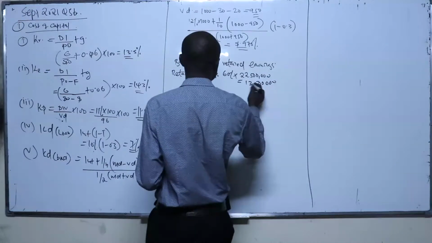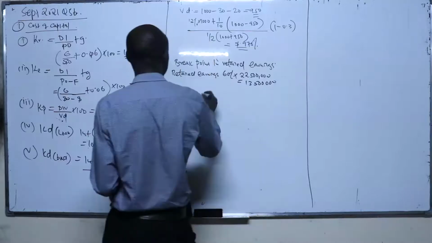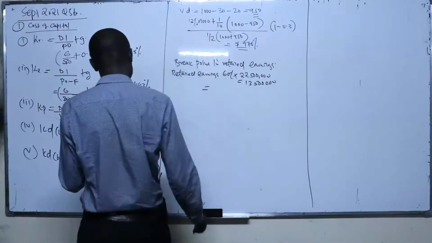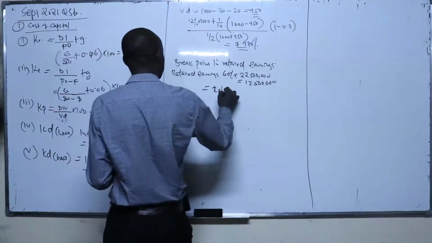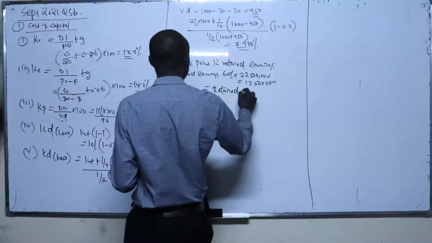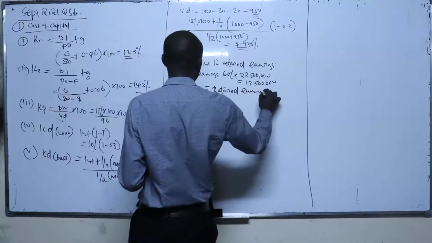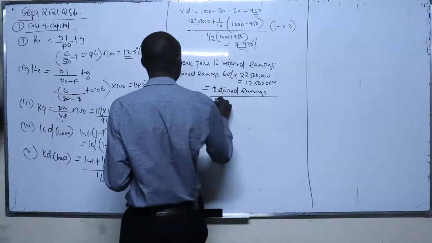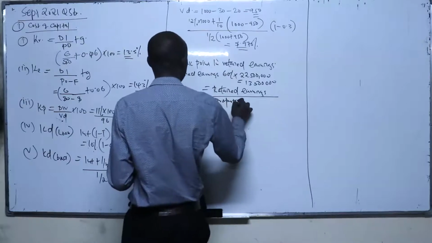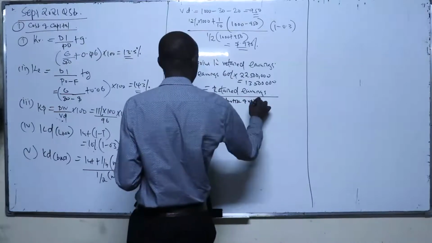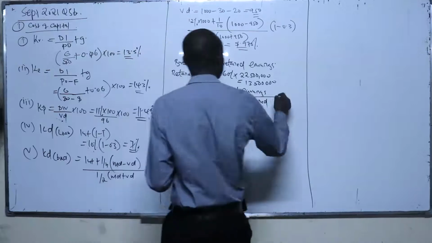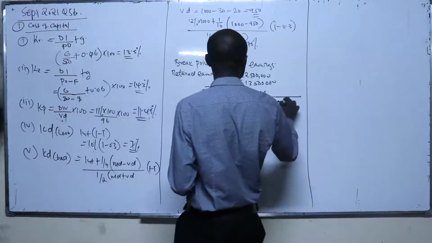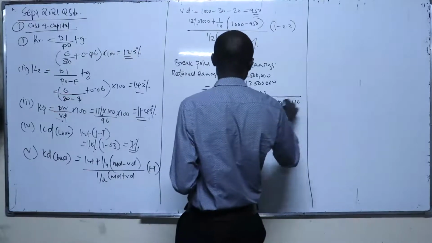That is the retained earnings, isn't it? So the break point is retained earnings over the proportion of retained earnings in the capital structure.